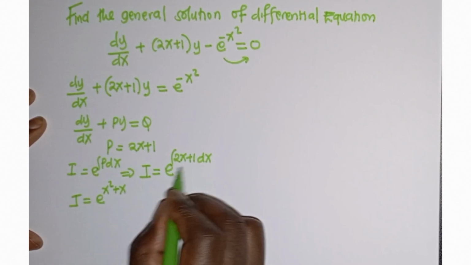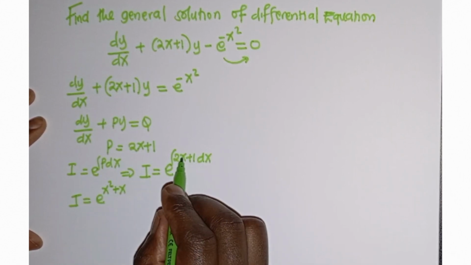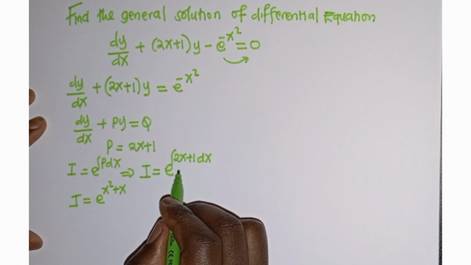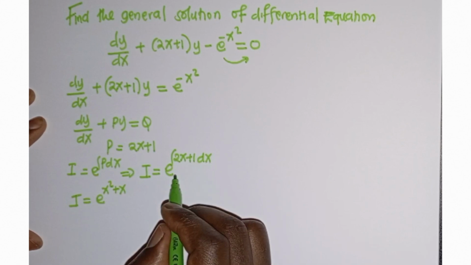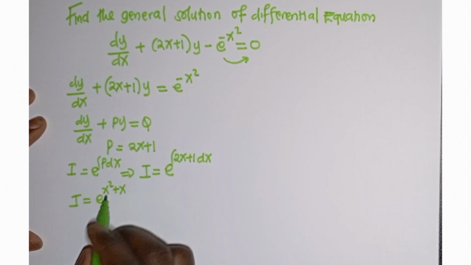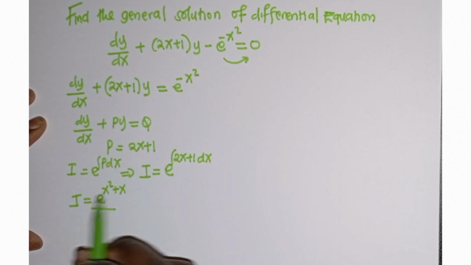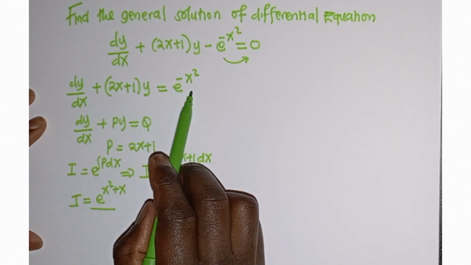When you integrate this, you get x²/2 times 2, then the 2 cancels, then this is plus x, so we end up getting this. When we get this, we multiply it throughout our equation.